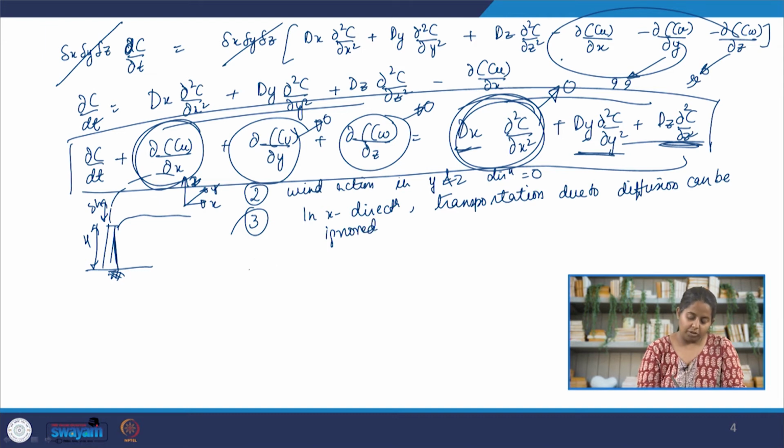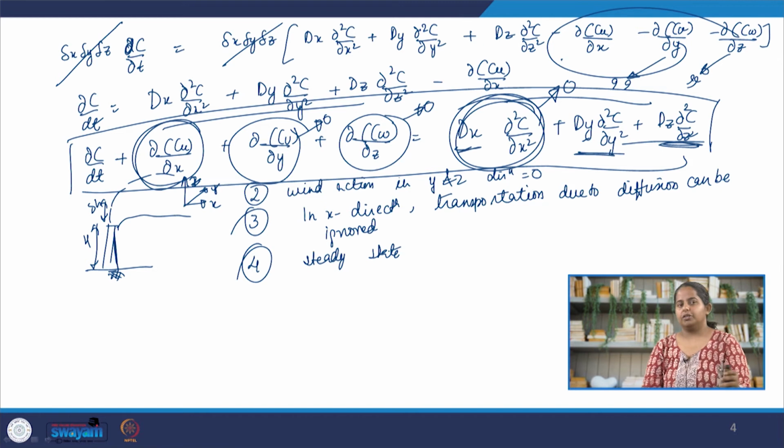We are going to make one more assumption. The other assumption that we are going to make is that we have reached steady state. Why are we making this assumption? Because once the chimney is established, it may take few hours, minutes, even days for steady state to be established. But the repercussions of the chimneys establishing and the industries working are not limited to this short time span, but it is going to have effect over much longer time span like decades.